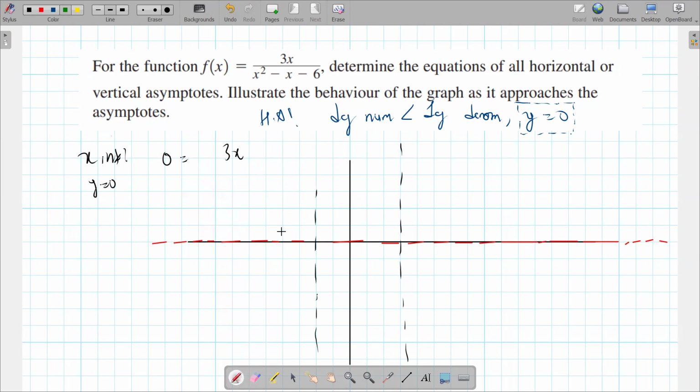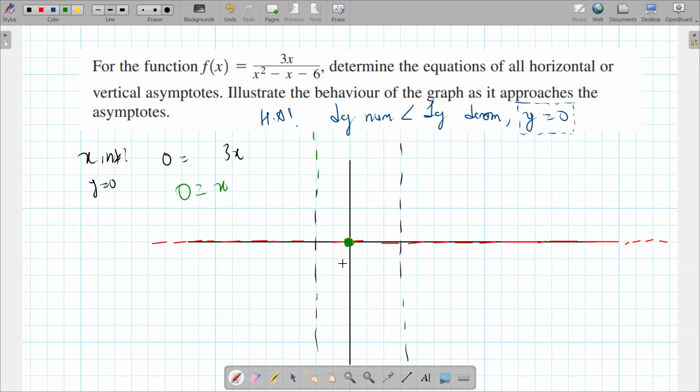So where's our x-intercept? At 0, right? So our function goes through 0. Sometimes in a question like this, you can cross the horizontal asymptote.